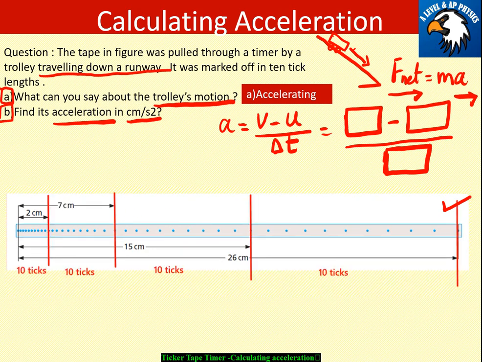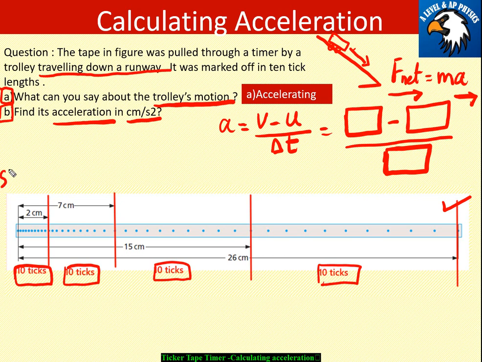So here you can see now I have divided the tape into 4 parts. So the first one, we have 10 ticks. Here again we have 10 ticks. Here you can see 10 ticks and also here 10 ticks. Now, first thing we need to calculate is u, the initial velocity.